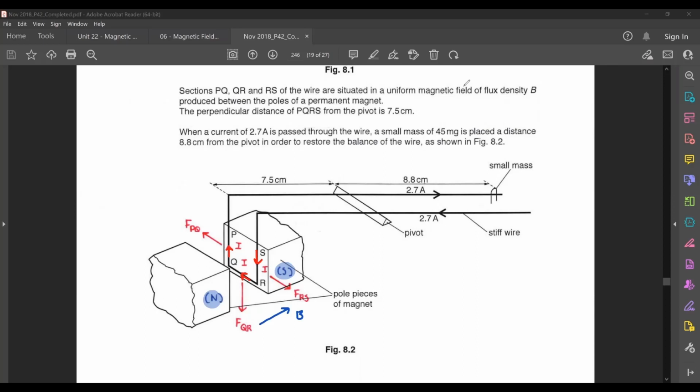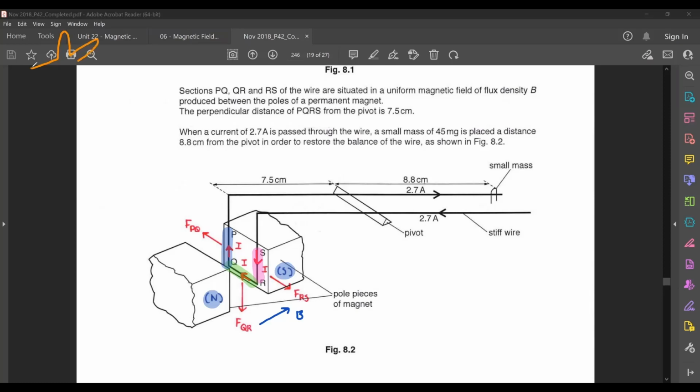All right, so then we work out what are the magnetic forces acting on each of the sections. Sections RS, sections QR, and finally sections PQ. To predict the direction of the magnetic force on each section of the wire, we will again rely on the Fleming's left-hand rule.